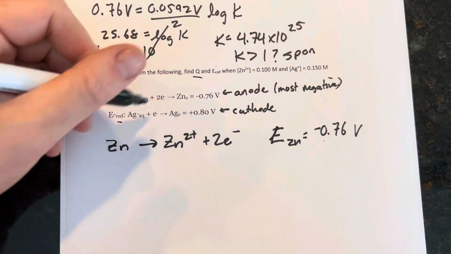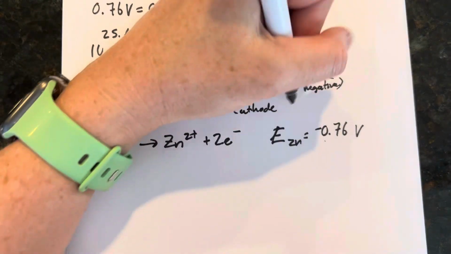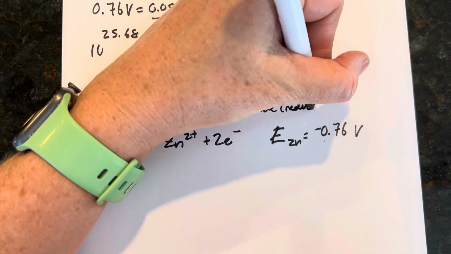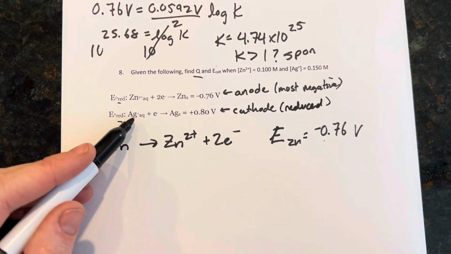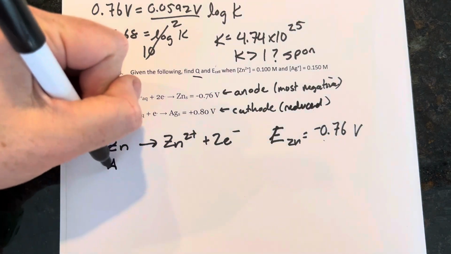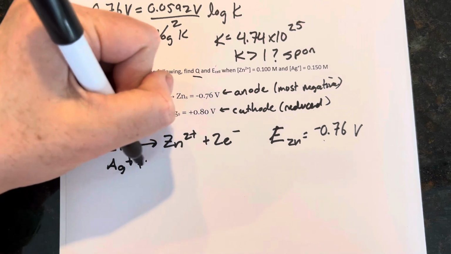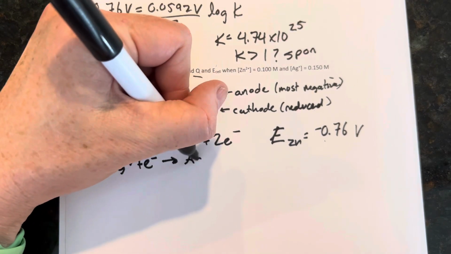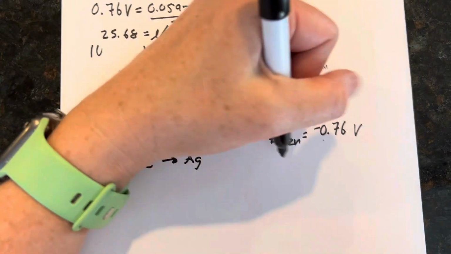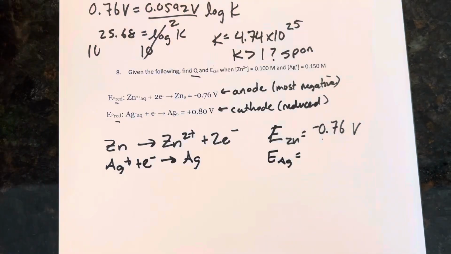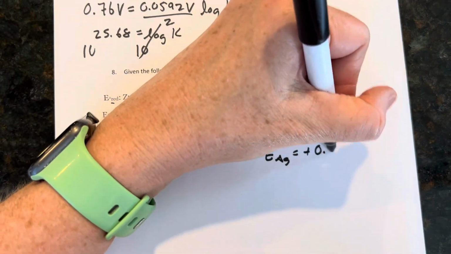Our silver was already the cathode. We know that that's where it was reduced, and that's what's happening. It's going from a positive to a 0. It's reduced. The E equals positive 0.80 volts.